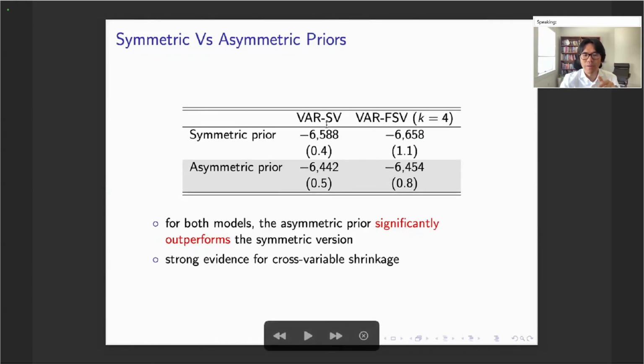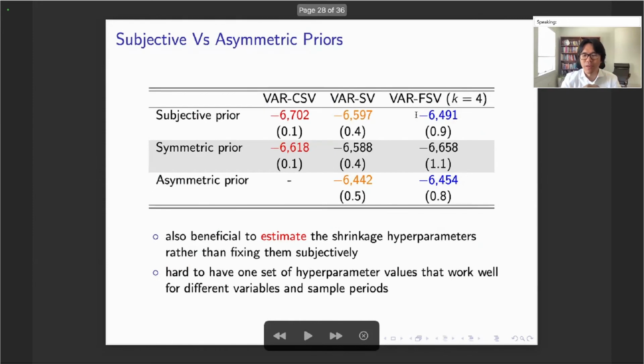For the Cholesky SV, the difference is about 140 in log marginal likelihood. That's overwhelming evidence to suggest that the cross-variable shrinkage is present, right? That's another way to confirm what I showed you in the first part, where I showed you the estimation results, and here this is a formal model comparison result. So they are consistent, right? And also true for the factor stochastic volatility.